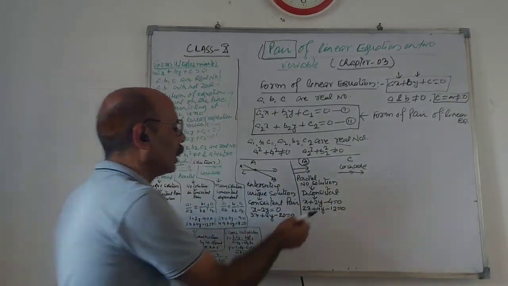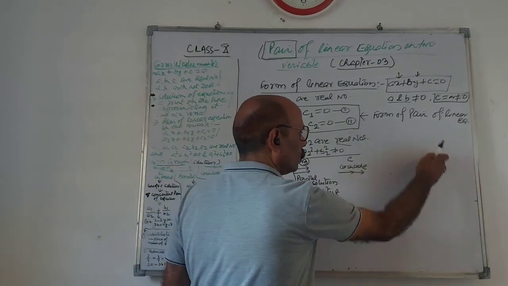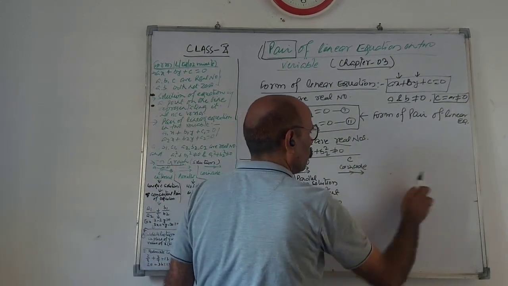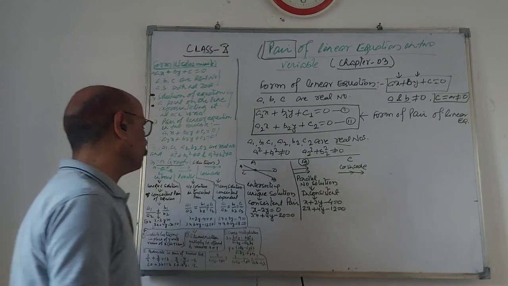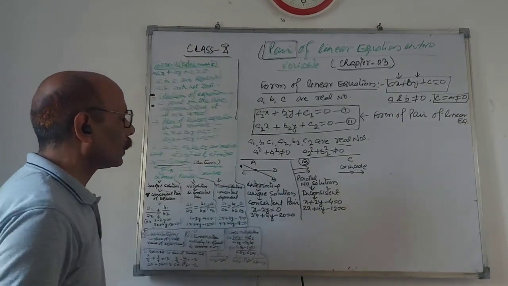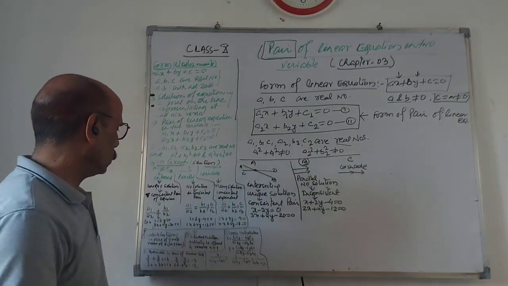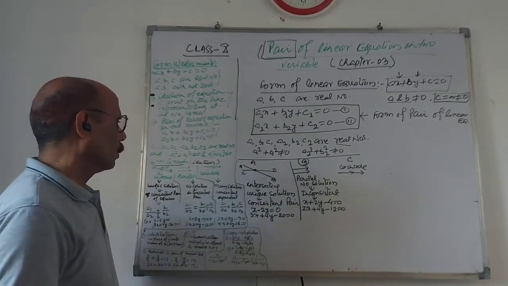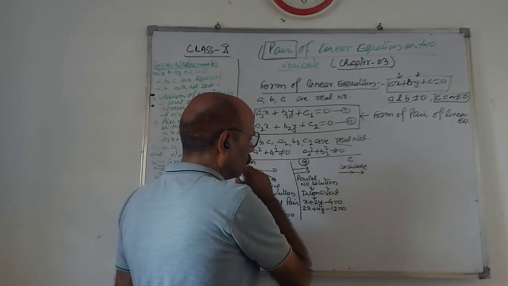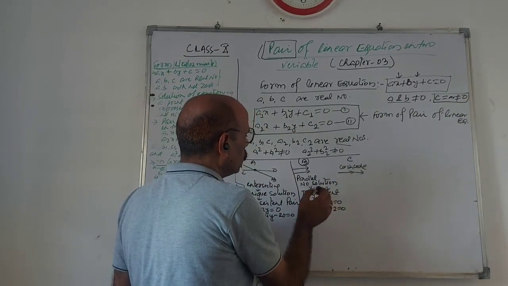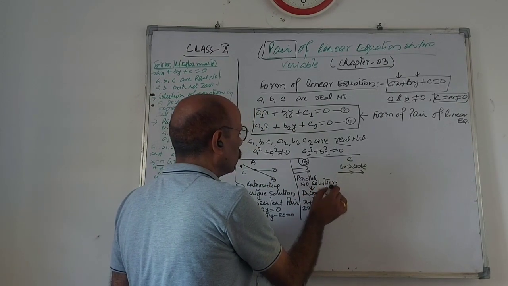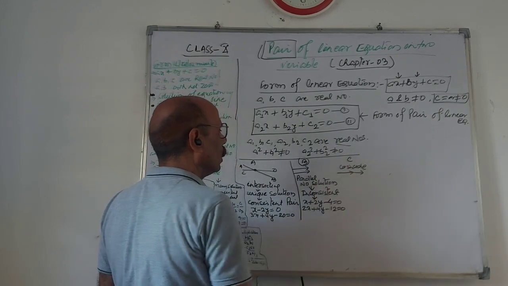This type of equation, if you draw on the graph sheet, the lines will come parallel. Here, by watching you can decide, that we will discuss later on. So this type of equation is called inconsistent. Then no solution.